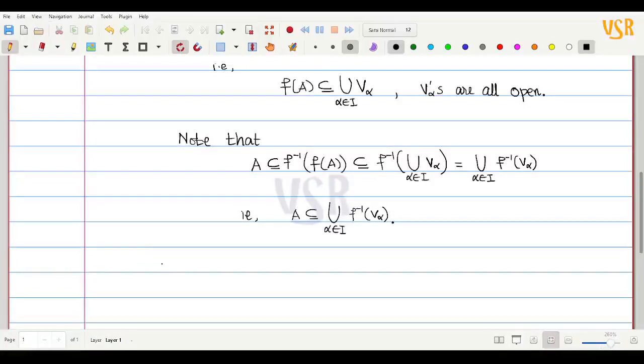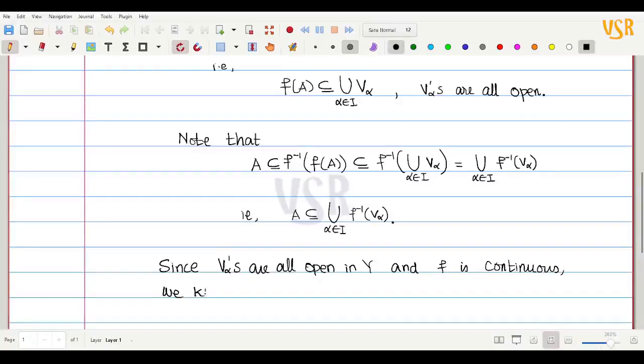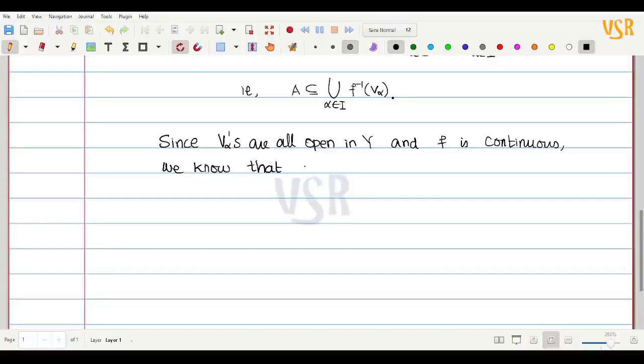Since the V alphas are all open in capital Y and f is continuous, we know that f inverse of V alpha is open in capital X for all alpha.